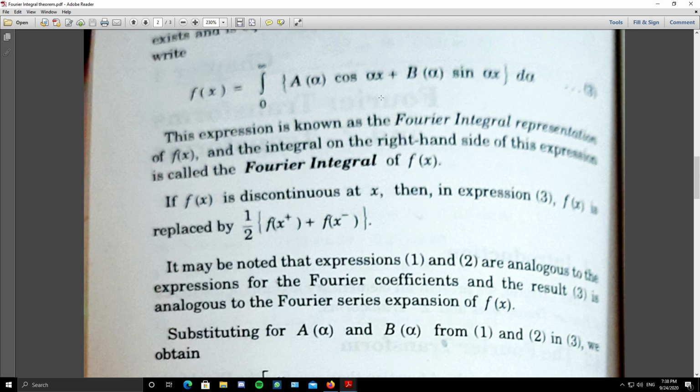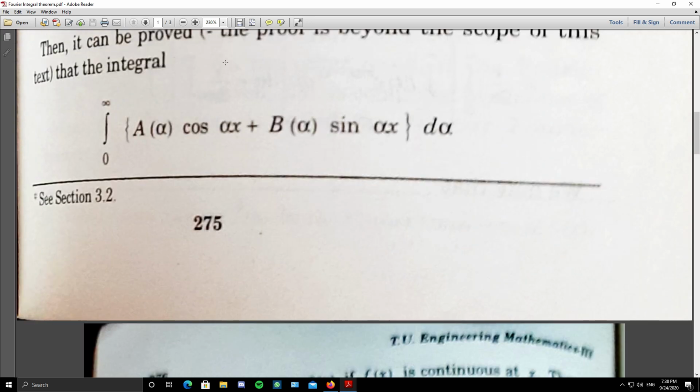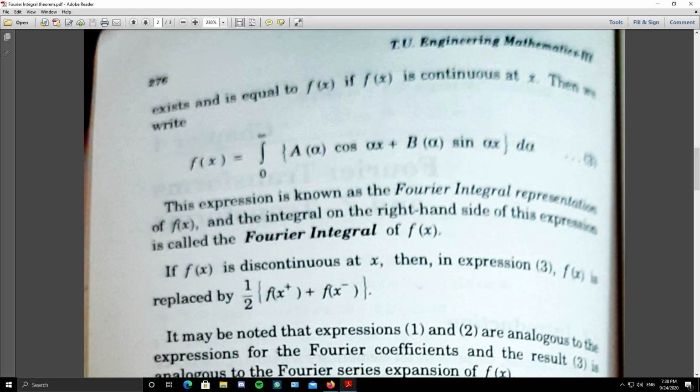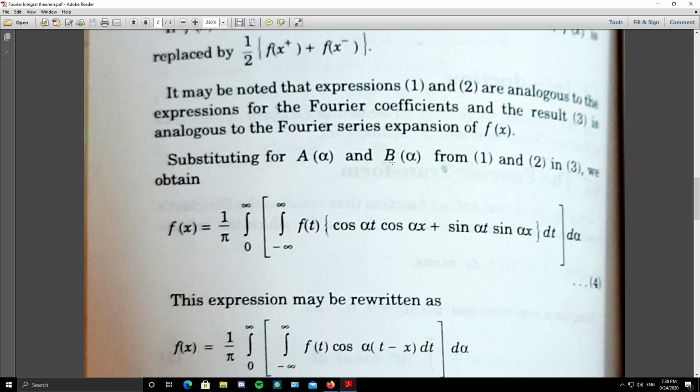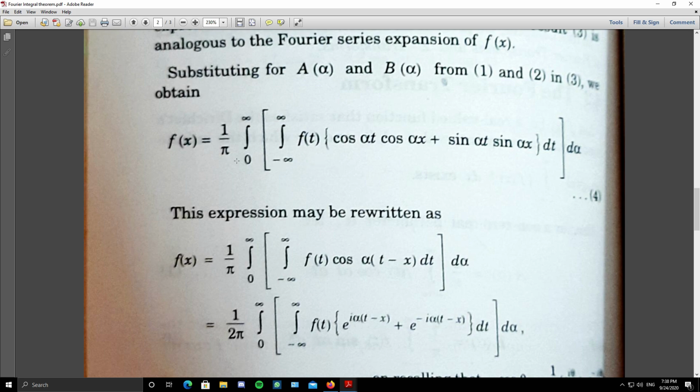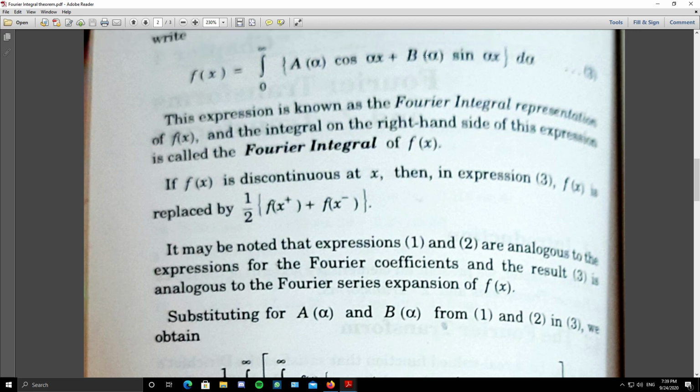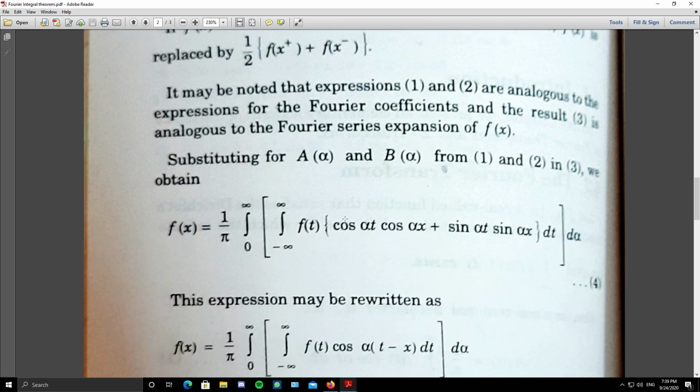Now substituting for A of alpha and B of alpha, you know what A of alpha and B of alpha are. Substituting them in this expression, you have 1 by pi integral 0 to infinity, integral minus infinity to infinity, f of t cos alpha t cos alpha x plus sin alpha t sin alpha x dt d alpha. A of alpha and B of alpha are integrals with respect to t, the integrating variable.